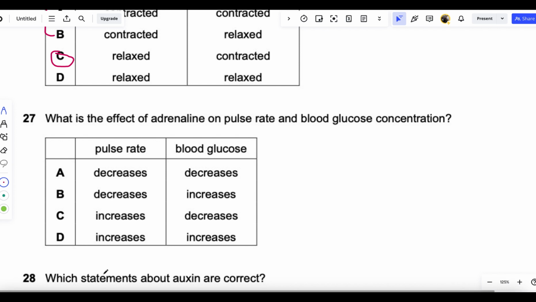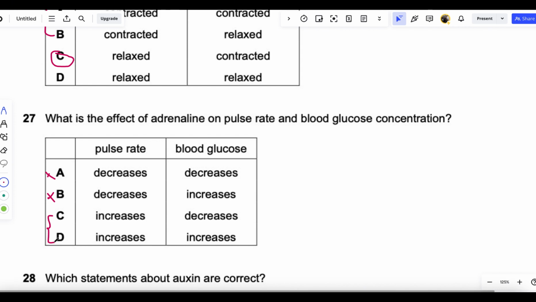Now we look at the pulse rate and we look at the blood glucose. Does adrenaline increase the pulse rate or decrease pulse rate? Adrenaline does not decrease pulse rate, so anything that decreases pulse rate is wrong. Adrenaline does not decrease the sugar. Most importantly, it increases the pulse rate.